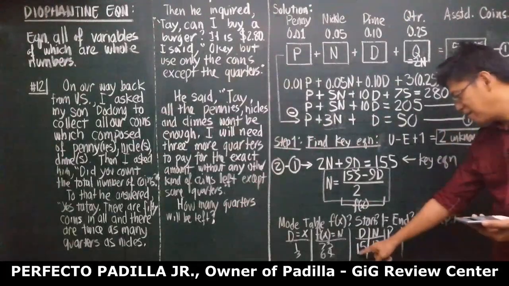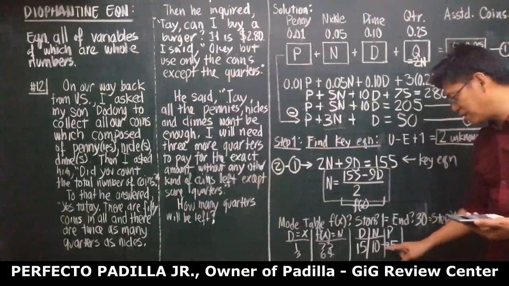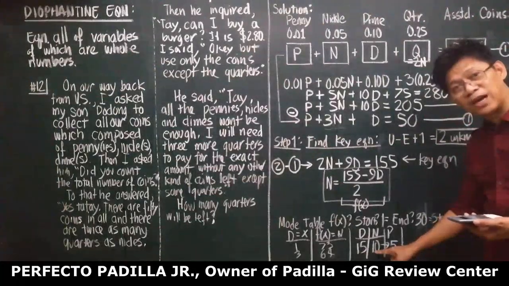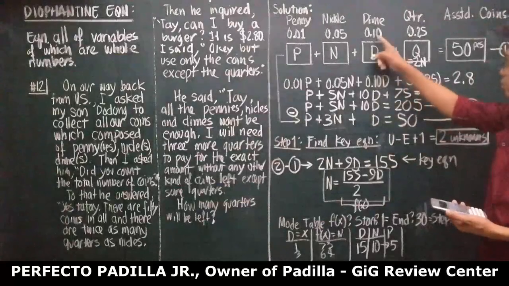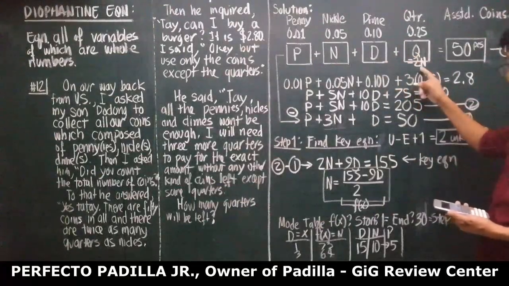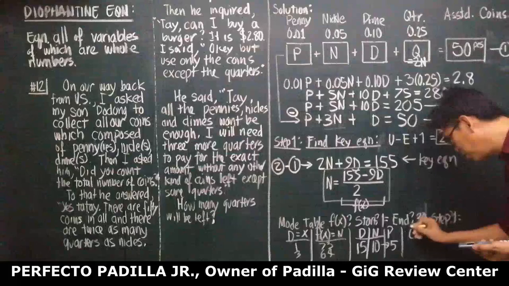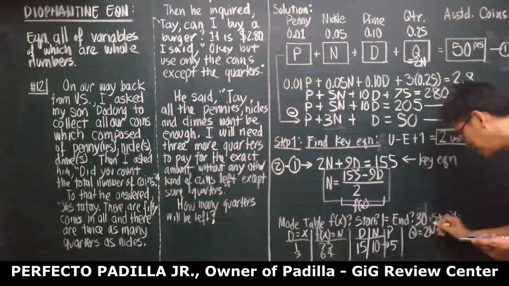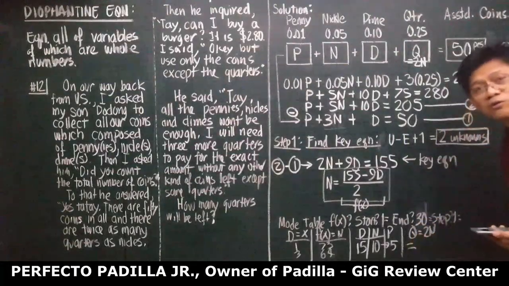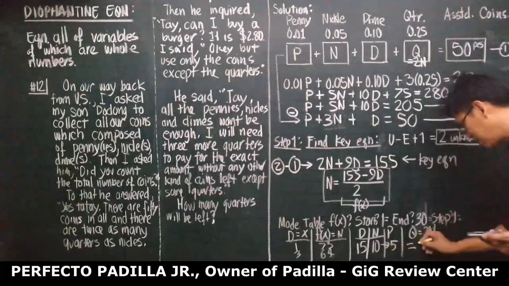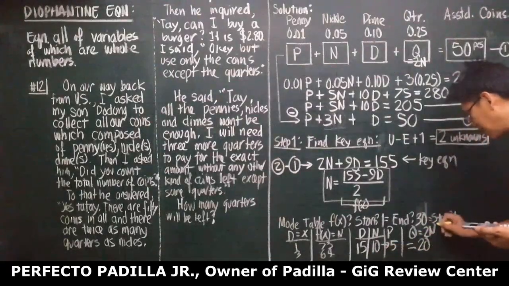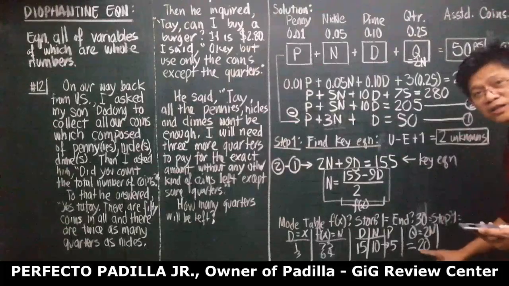That would be 15 plus 5, 20 plus 10, 30, 50 lahat. 20. That is 2n, di ba? Correct? Q is 2n. So, your Q, which is 2n, is going to be equal to, what? 2 times n, 20. So, there are 20 quarters.